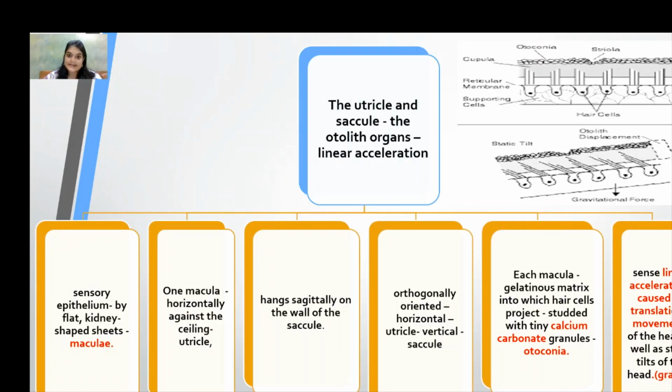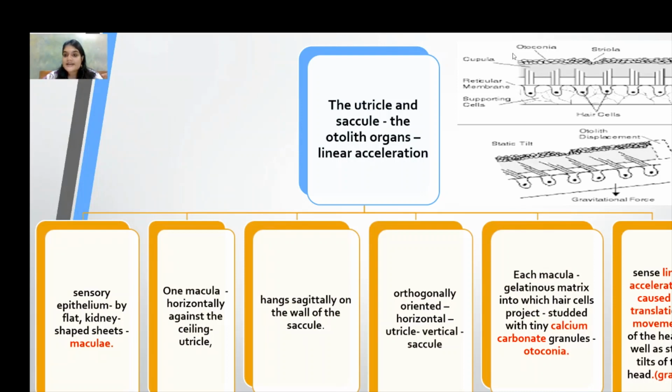Coming to the utricle and saccule, they are known as otolith organs and they measure linear accelerations. As said above, the sensory epithelium organ is the macula. In the utricle, the macula is horizontally placed, and in the saccule, it is sagittally placed. Each macula has a gelatinous matrix. In this picture you can see the gelatinous matrix, into which the hair cells project.